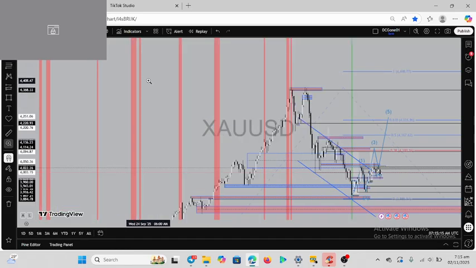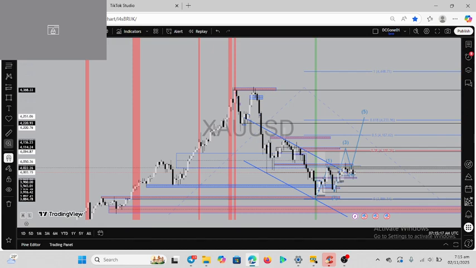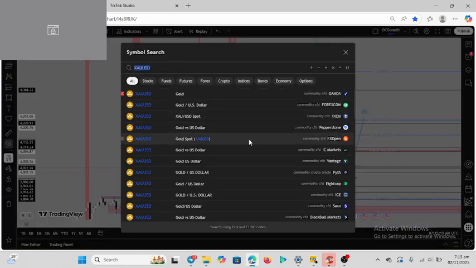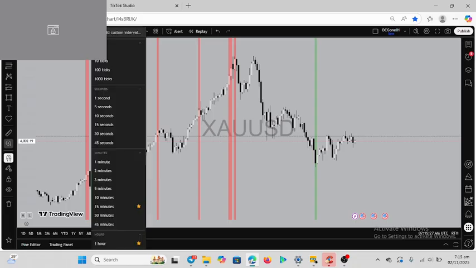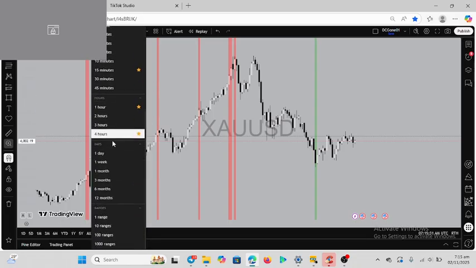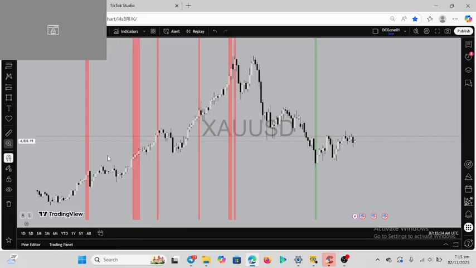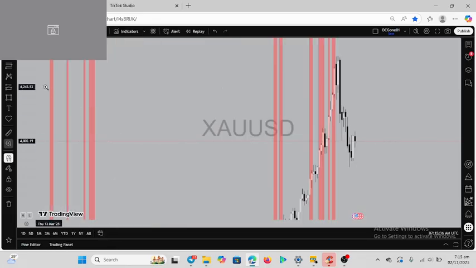So right now, oh wait, I think I misjudged. Wait a moment guys, let me use IC Markets here. So right now we can see that IC Markets is very clean, but yet still I'm having my indicators showing certain possible reversals. So currently, let me just drill into the daily time frame.